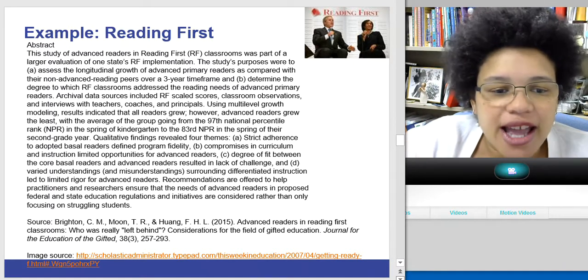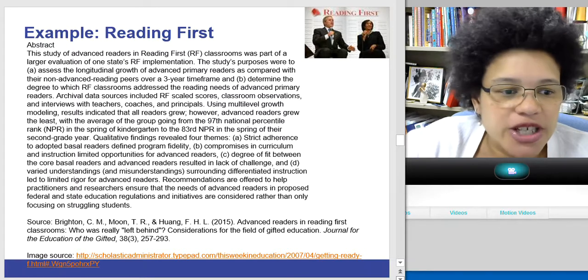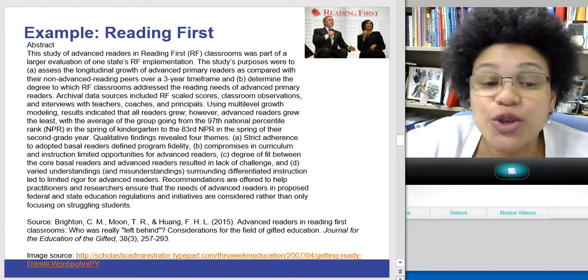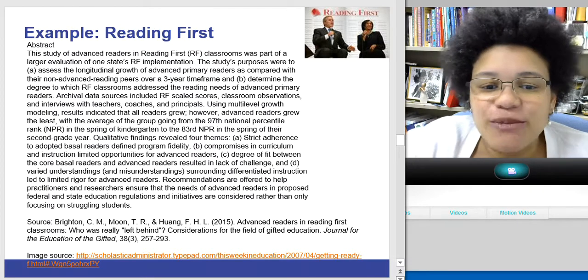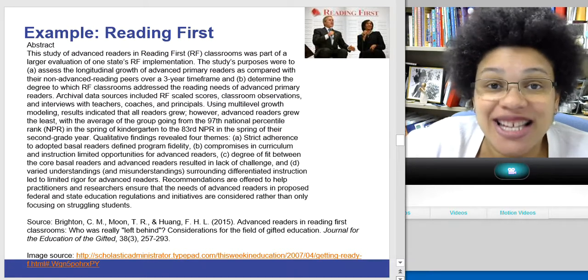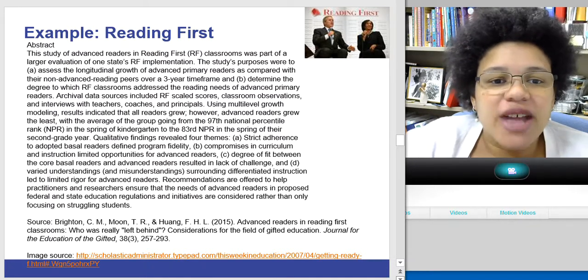So this study is called Advanced Readers in Reading First Classrooms: Who Was Really Left Behind? Considerations for the Field of Gifted Education. I'm on slide 13. And remember, this was during the NCLB era.